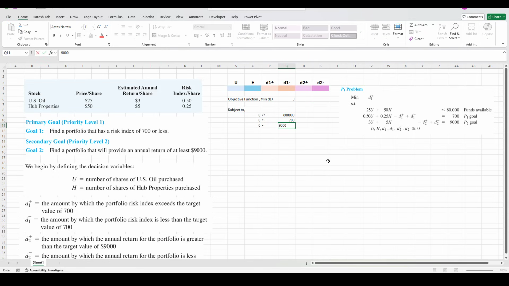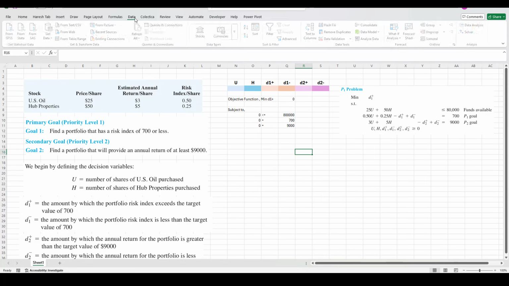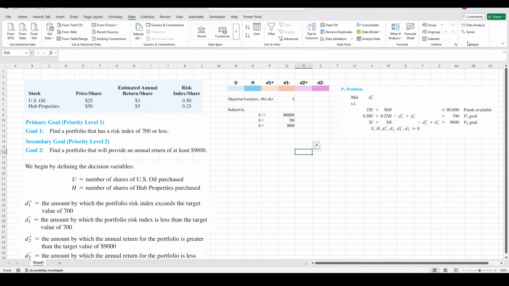So my P1 problem is now ready for running. All my variables should be greater than or equal to 0, which I will set in Excel Solver. For Excel Solver we go to Data, and in Data there is Solver.